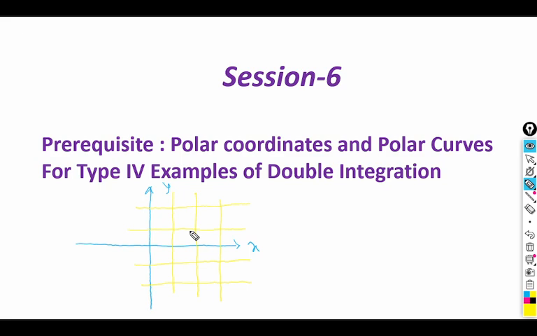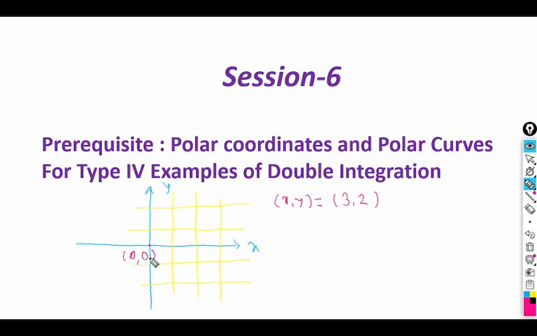Say we have a Cartesian point x comma y. I will consider 3 comma 2. Now see how we reach this point 3 comma 2 in Cartesian. This is our origin, 0 comma 0.